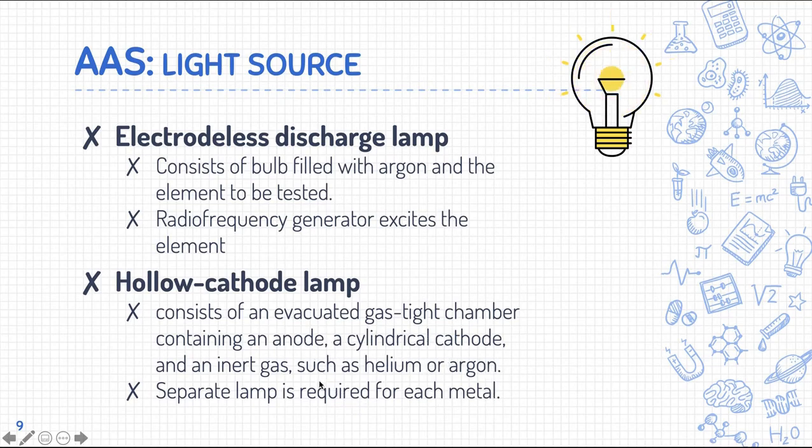What will happen inside the gas-tight chamber is that the helium and argon ions will be attracted to the cathode. The moment they are attracted to the cathode, they will bump into metals within the chamber.